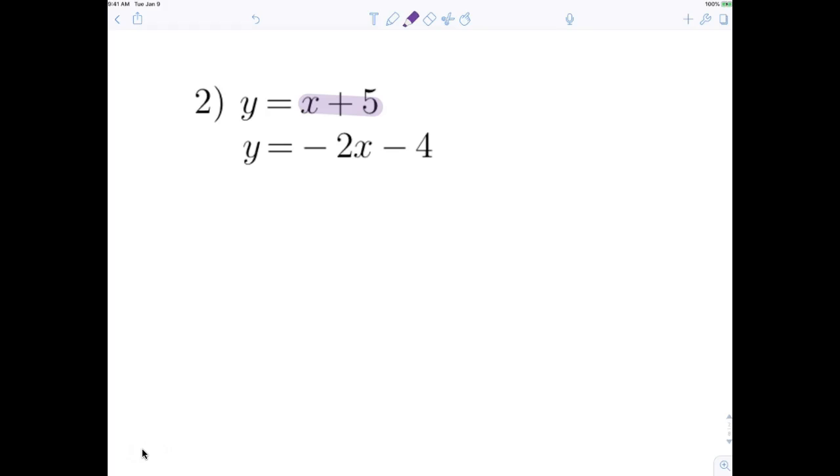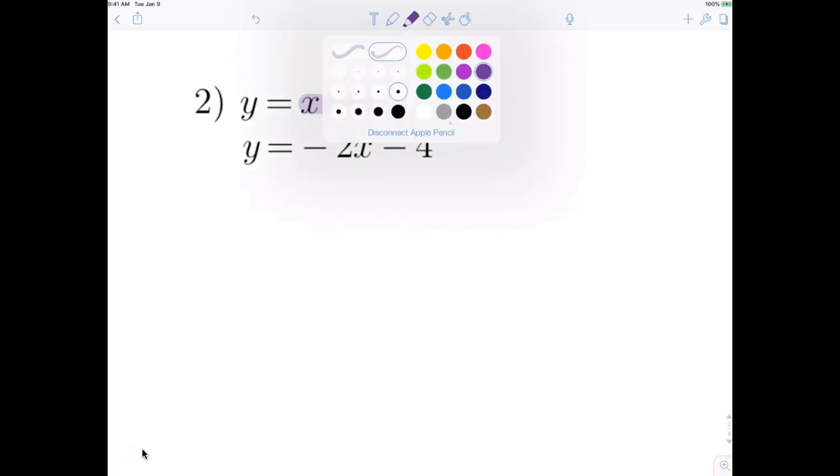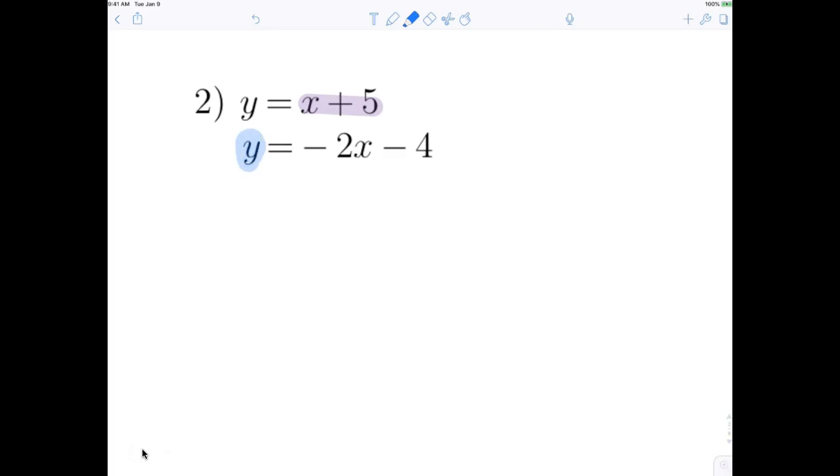That means wherever I see a Y, I can replace it with what? X plus 5. Right, I can replace it with X plus 5. Now, I'm trying to just show you because it's really simple. See this Y right here? I can change that Y to what? X plus 5. I can change that Y to X plus 5.